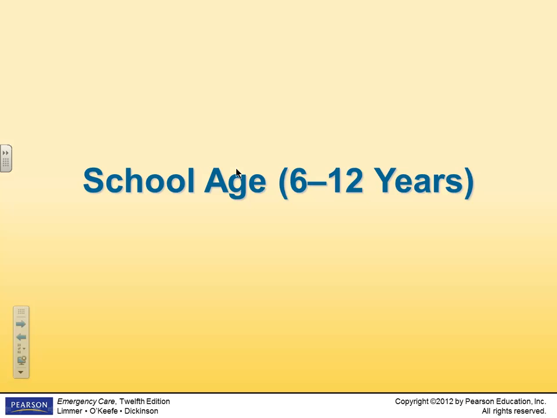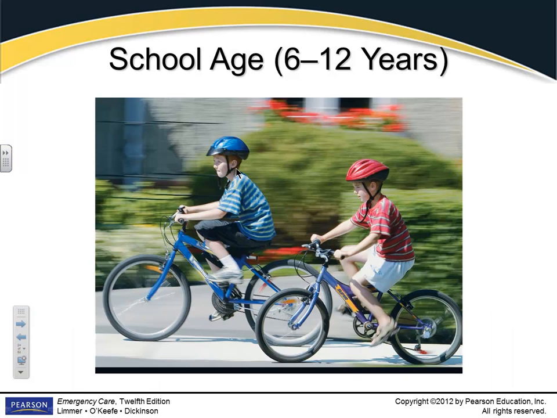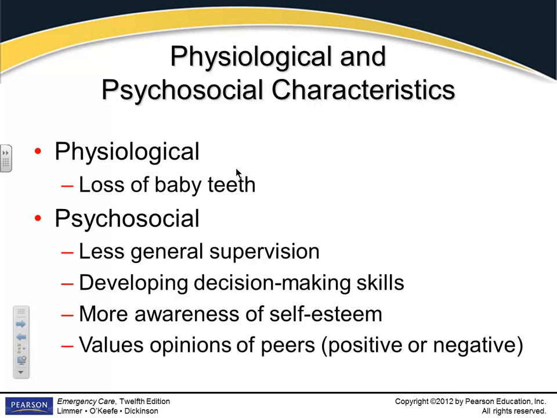Okay. All right. So moving through our school age, 6 to 12 years. Now we're out and about. We're biking a good bit. We're doing more things here. We're starting to lose those baby teeth. Tooth fairy's coming. Very expensive.